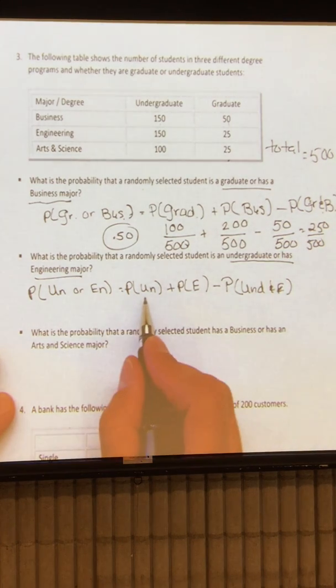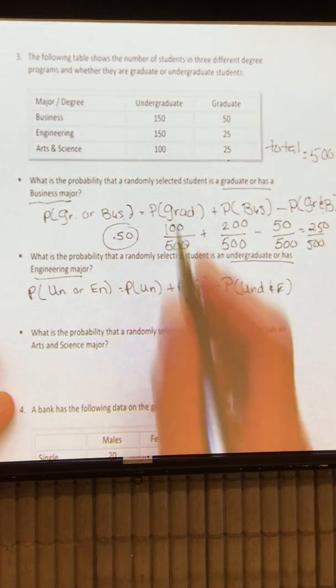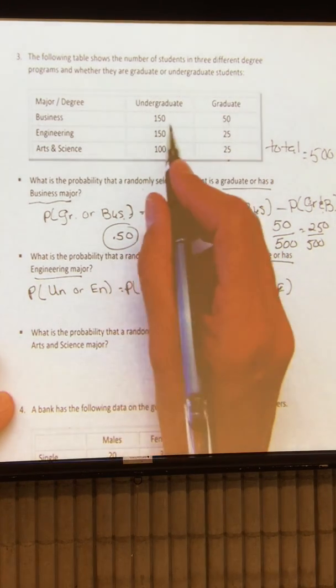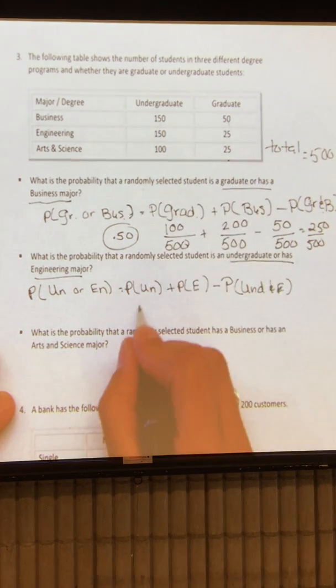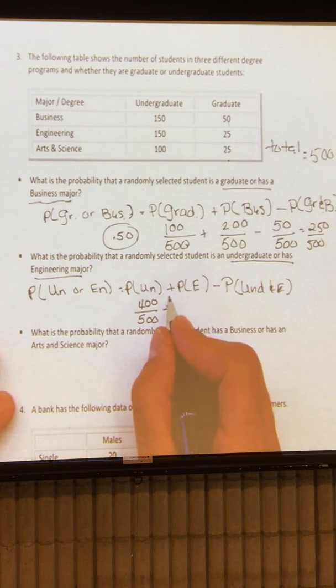Combining undergraduate, you have 400 divided by the total, 500, plus the probability of engineering.